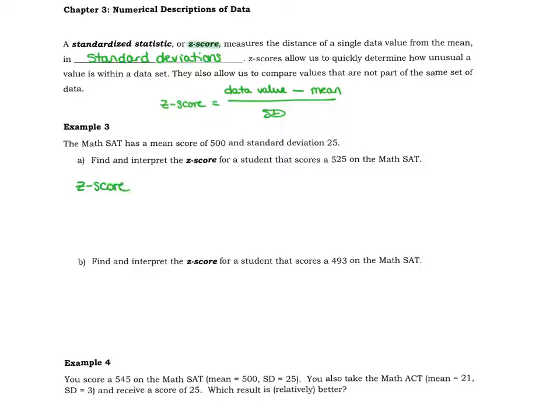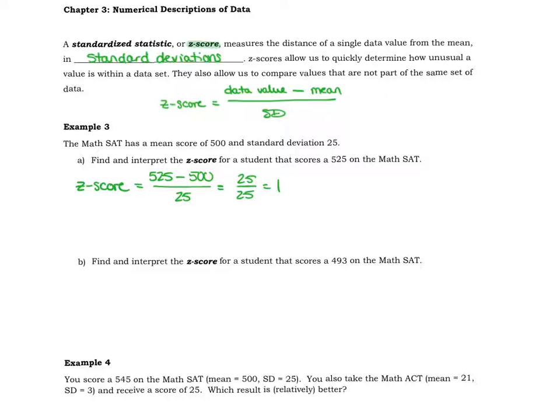If the mean is 500 and someone scored a 525 and the standard deviation is 25 points, hopefully you'll see that they're one standard deviation, equal to 25 points, above the mean. And that's exactly what this calculation will show us. We're going to take that person's score, the data value, minus the mean of 500 and divide by 25. That's 25 over 25, or 1.